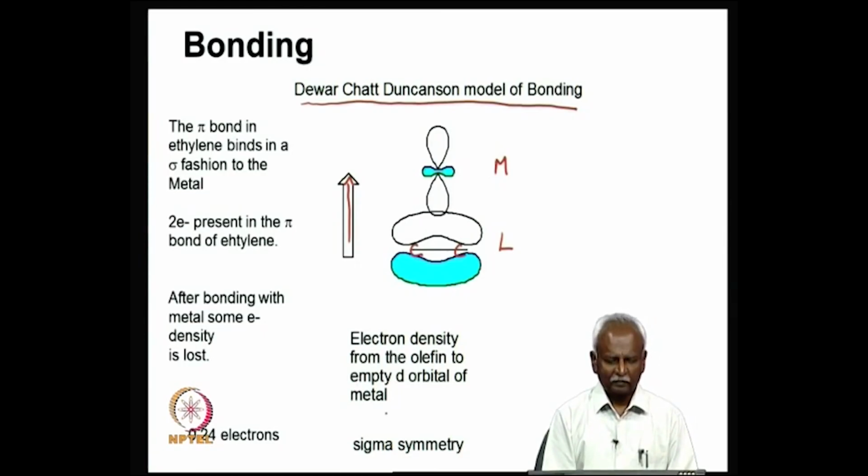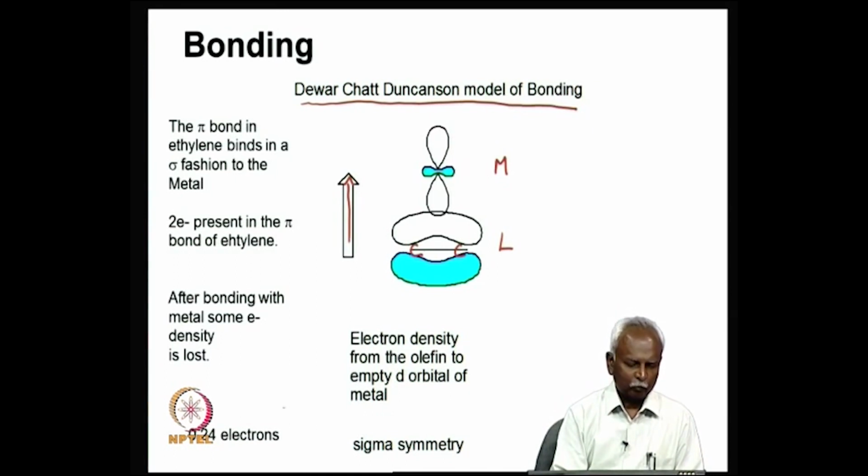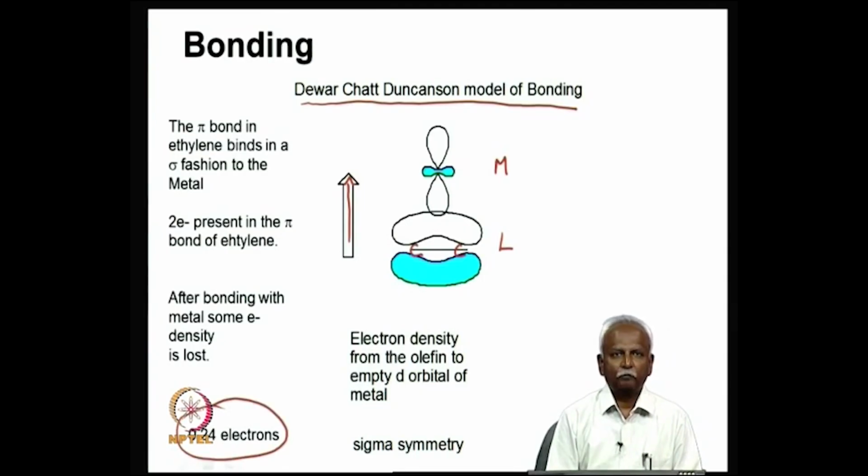People have estimated that this sigma interaction involves transfer of about 0.24 electrons from the ligand to the metal. So, although we call it a 2 electron donation, the 2 electrons are present in the olefin, but approximately 0.24 electrons are transferred, or about 12% of the pi electron density is transferred completely to the metal.